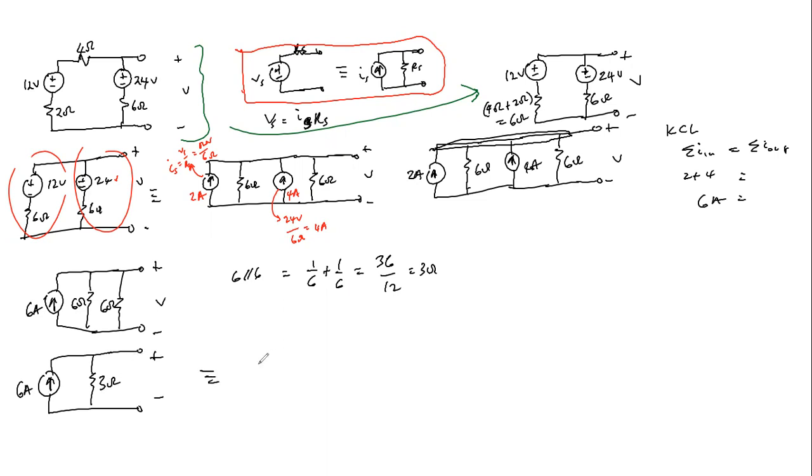Now this is equivalent to a voltage source connected in series with the 3 ohm resistor. And once again, the voltage here is related by V equals Is Rs. So that is 6 ampere times 3 ohms, which is equal to 18 volts.